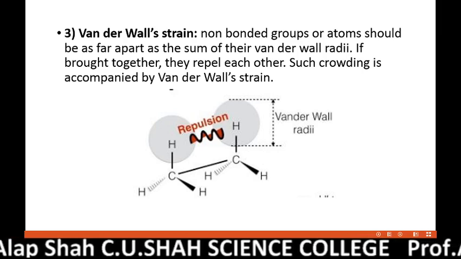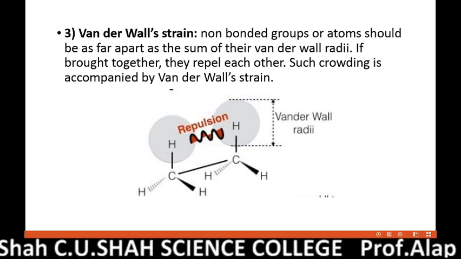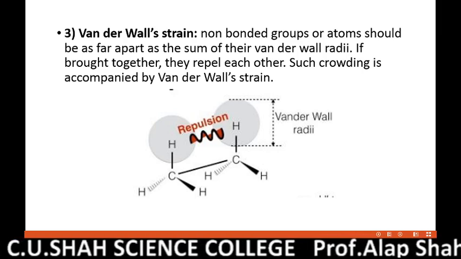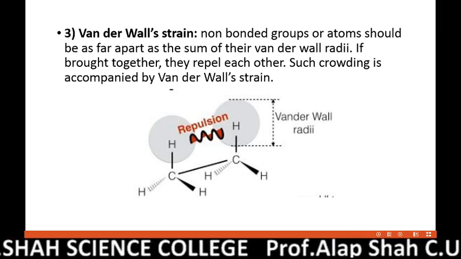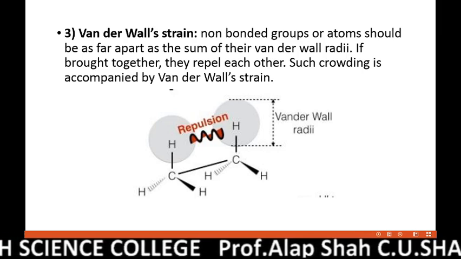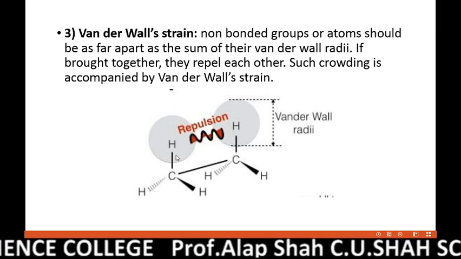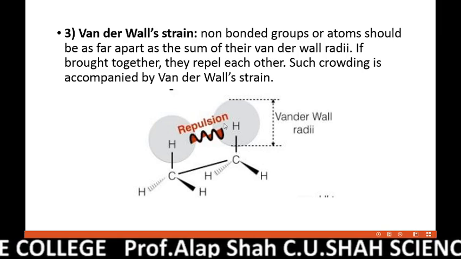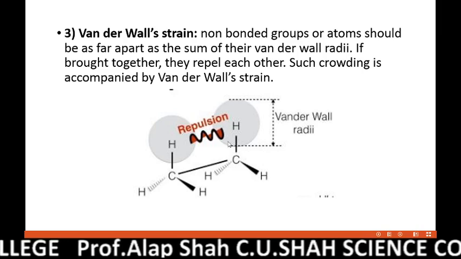the minimum distance between the two atoms should be at least the sum of their van der Waals radii. If the atoms come nearer than this distance, it causes repulsion. Here it is shown that the distance between these two hydrogens should be more than this, but if they come nearer, then repulsion would occur.